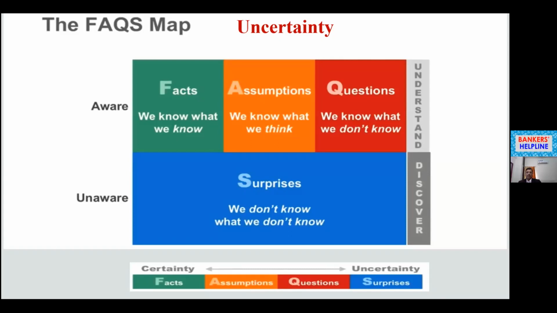So we have to understand the facts, assumptions, and questions which we are aware of, and we have to discover the surprises which we are not aware of before surprises discover us, so that we can take mitigative steps. The level of uncertainty increases from facts to surprises. The more facts you know, the more certainty there will be and the uncertainty will be at a lesser level, whereas as the continuum moves from facts to surprises, the uncertainty increases.